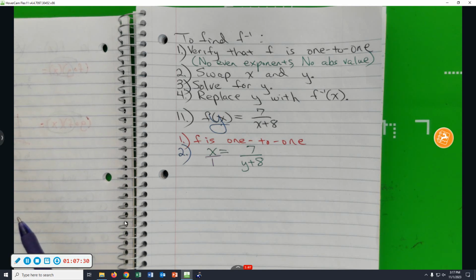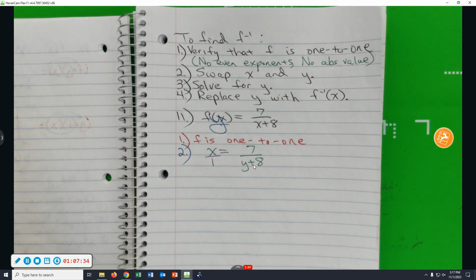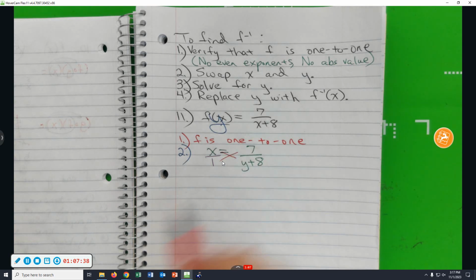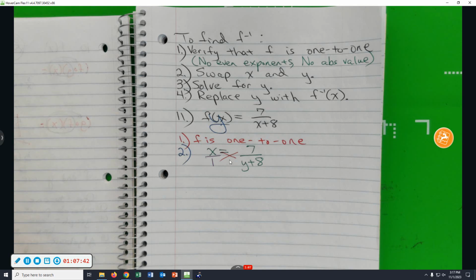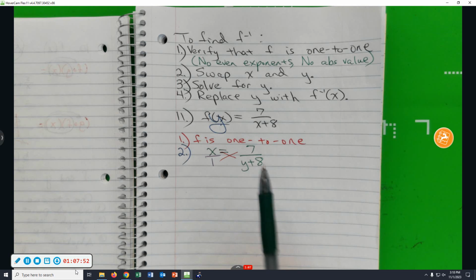What would we do? I'll give you a hint. Maybe this x will remind you. That little cross that I just wrote there. Cross multiplying. You take the x times the y plus 8. Well, what are we going to have to do if you take x times y plus 8?